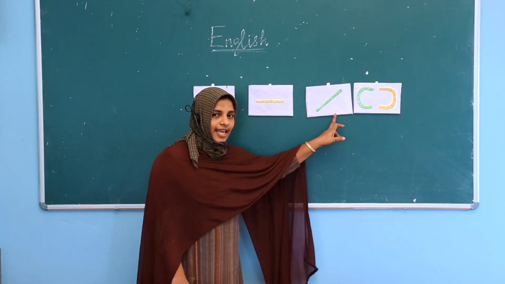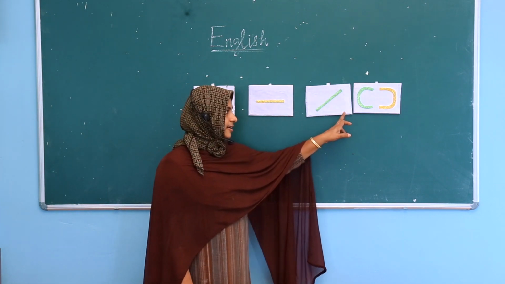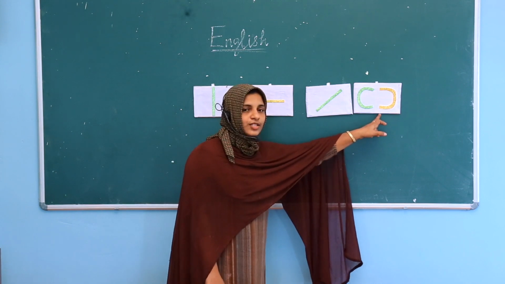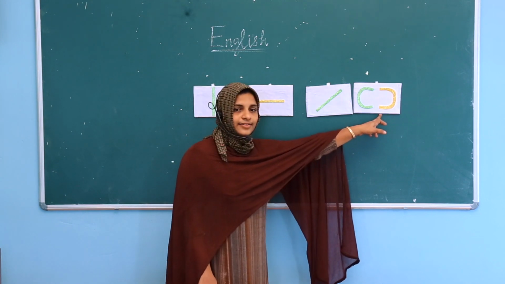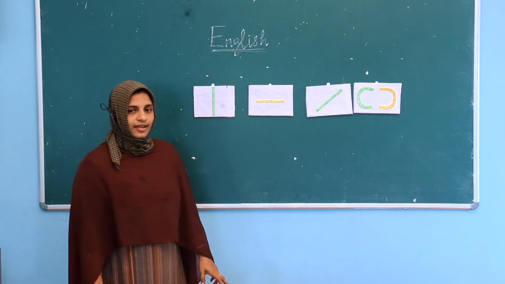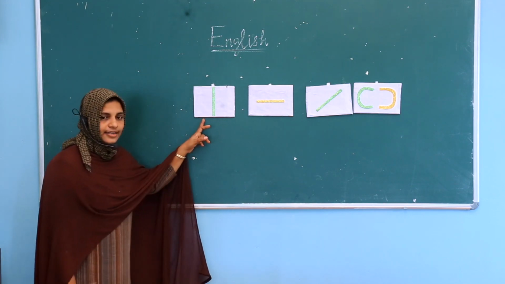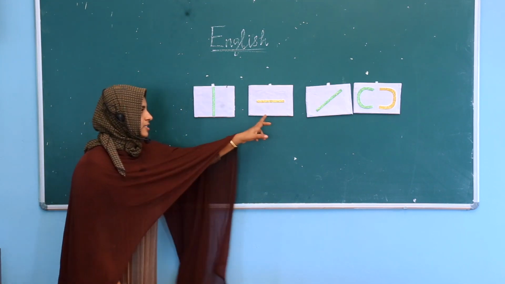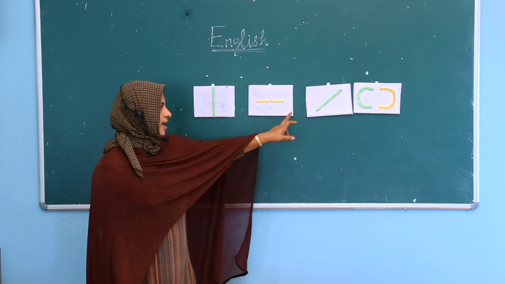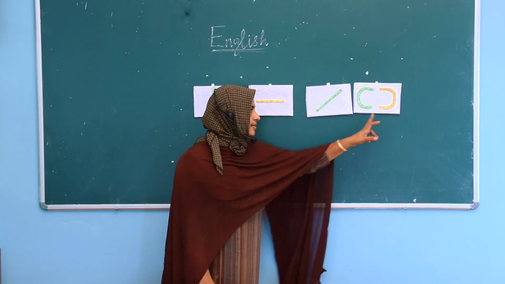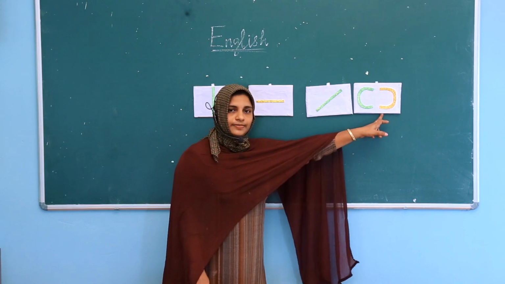This is slanting line. And the last one is curve. Again, standing line, sleeping line, slanting line, curve.